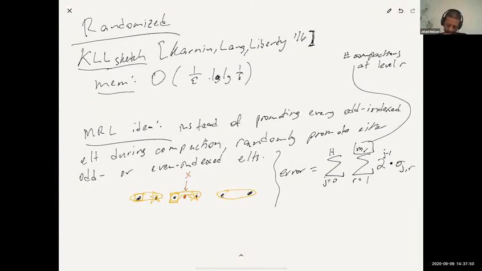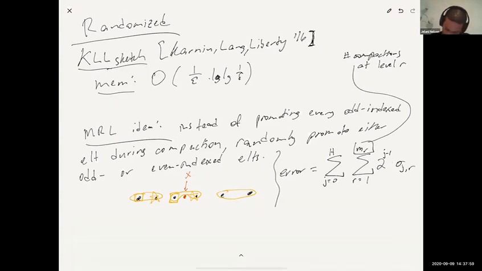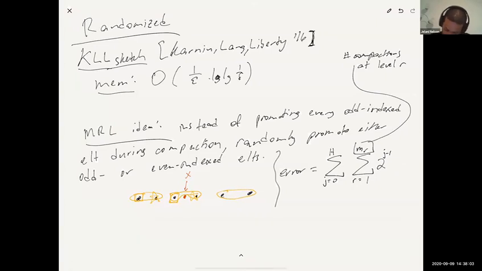Let me be a little more precise in this. Eta_jr is in 0 or 1.